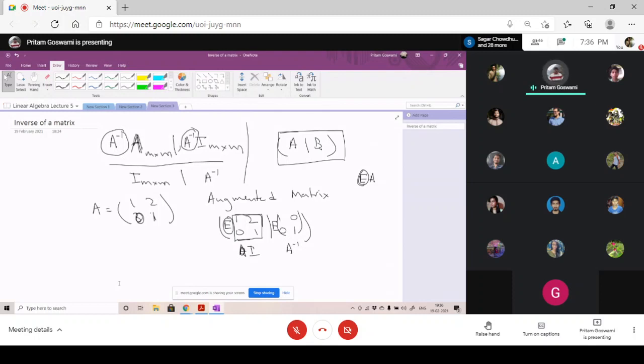If I don't want to use the augmented matrix, I will take this matrix A, use some row operations on A to get the matrix I, calculate what I get as E, and use the same E with I later. Then I will get the inverse. But if I use the augmented matrix, I am just seeing these two things side by side, so it is easy to represent. So for representation purposes, we are using the augmented matrix.